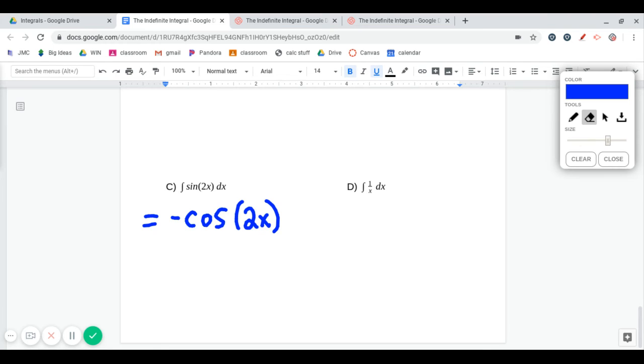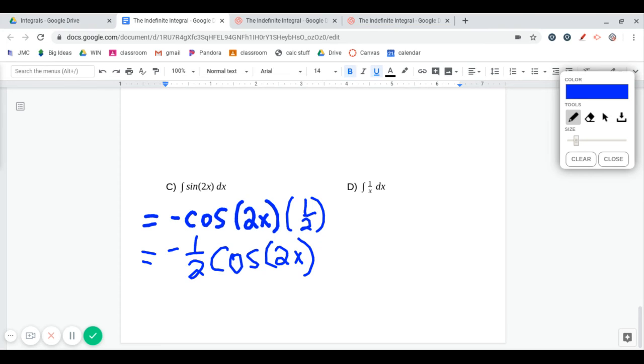So to counter that, I'm going to multiply by 1/2. So this is equal to negative 1/2 times the cosine of 2x. Double check: what do you get when you take the derivative of negative 1/2 times the cosine of 2x? You get sine of 2x.